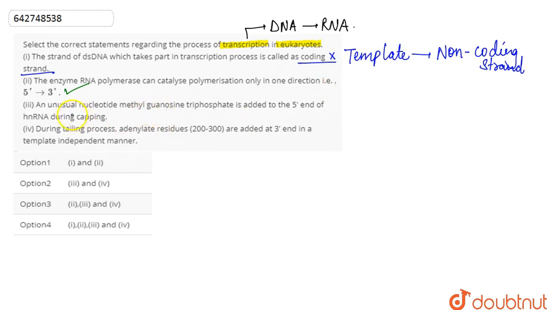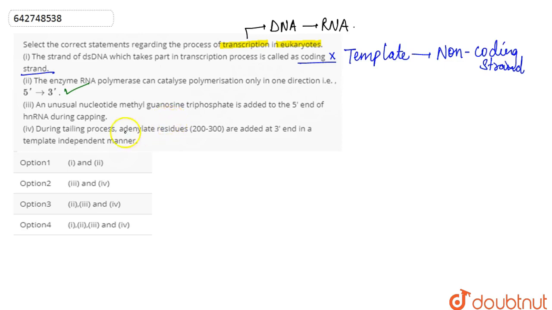Now the third statement is that an unusual nucleotide, methyl guanosine triphosphate, is added to the 5' end of the heterogeneous nuclear RNA during capping. The primary mRNA transcript is localized into the nucleus, where it is called the heterogeneous nuclear RNA, or hnRNA, or the pre-mRNA.